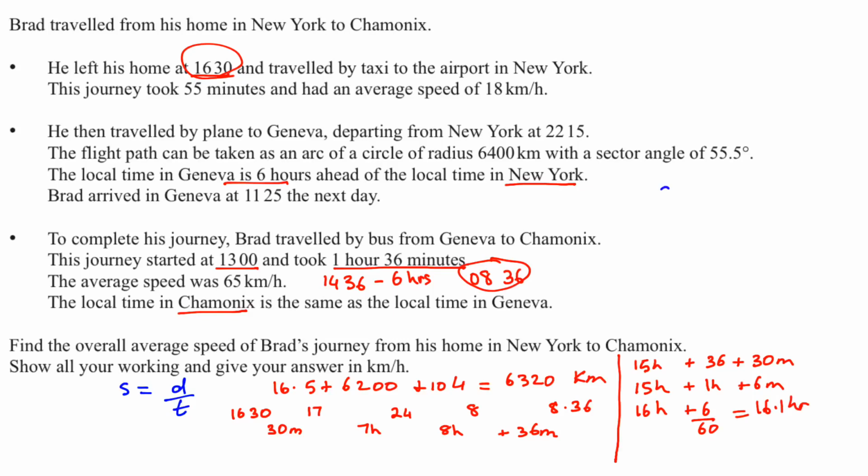To find the speed now, we will divide the distance which we found here, 6,320, by 16.1. So 392.5 kilometer per hour. You can round it to 393 kilometer per hour.